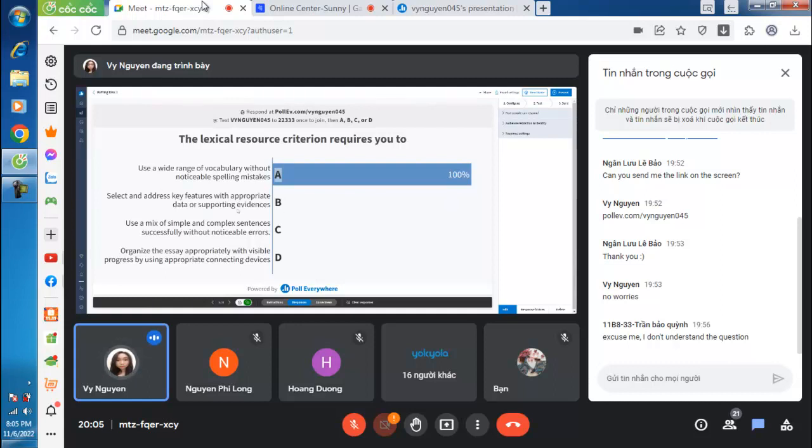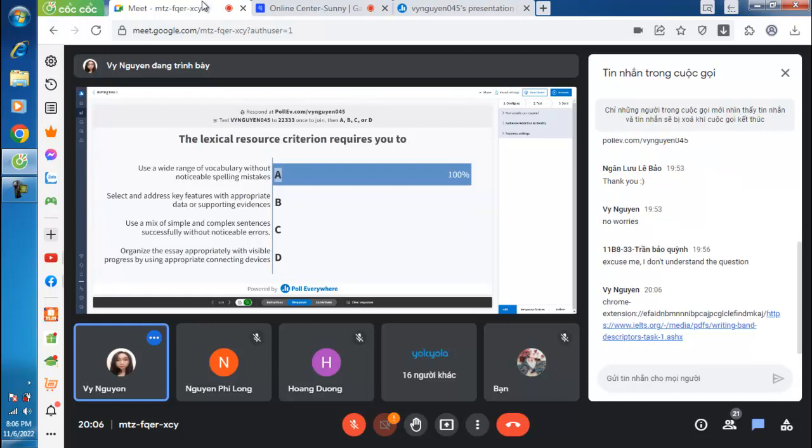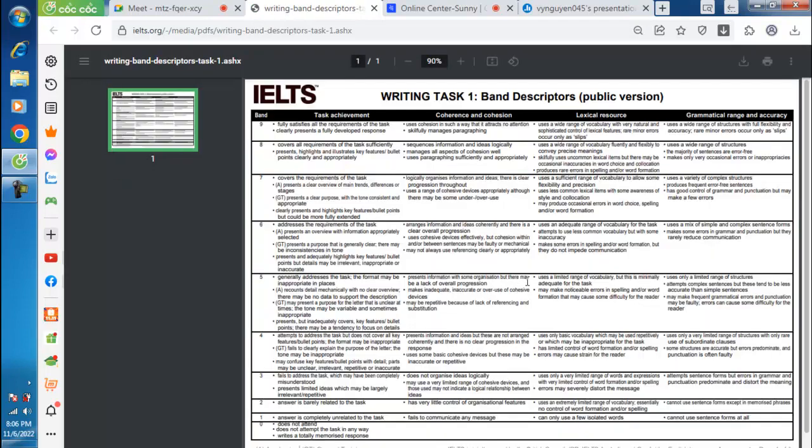For task achievement. For the second one, it's coherence and cohesion, right?